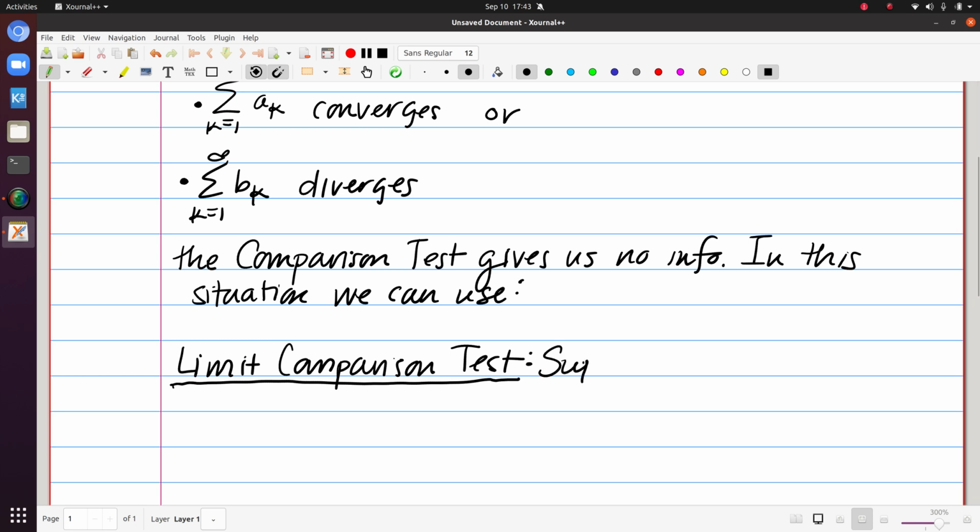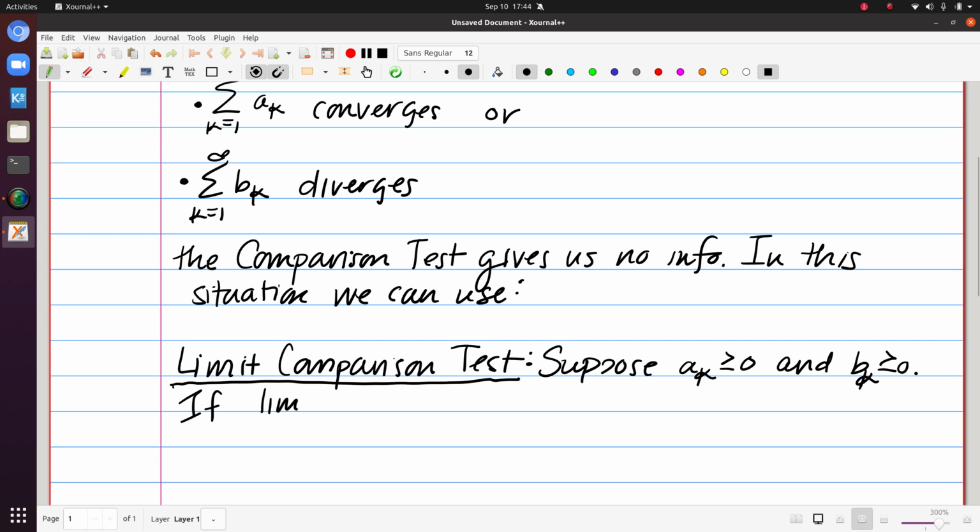So much like the comparison test, when we're using the limit comparison test, we're yet again assuming that we have two series with positive terms, or non-negative terms. Here, we don't really care if a sub k is greater than or equal to b sub k or vice versa.